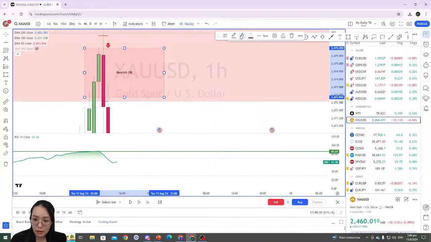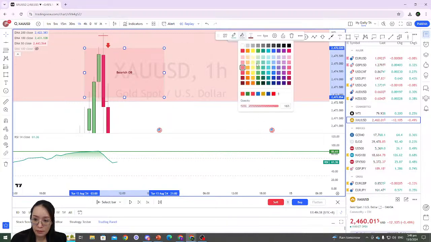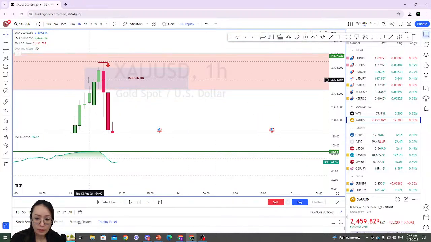should I change the color? So you guys can see. Here, let's say price closes with a bearish engulfing or bearish order block, whatever you want to say.